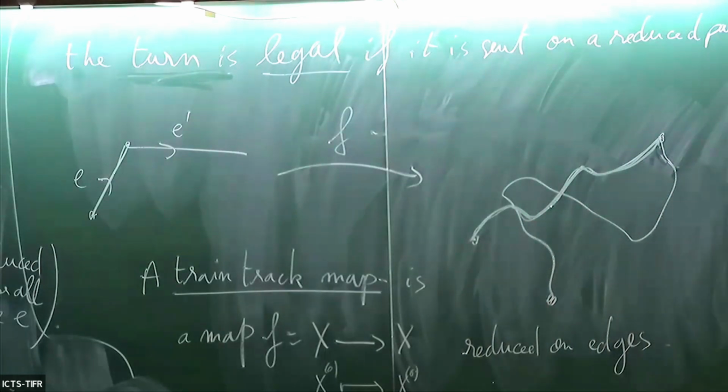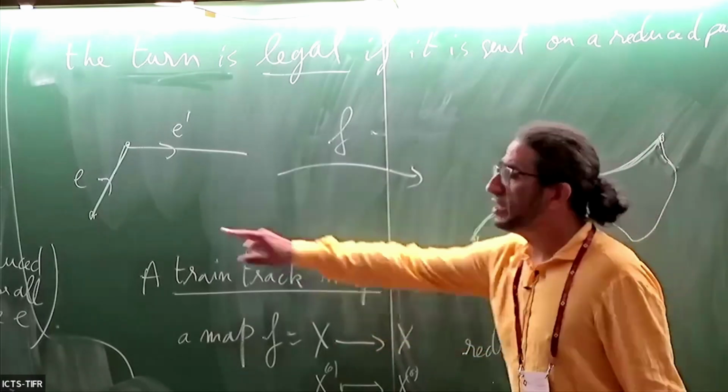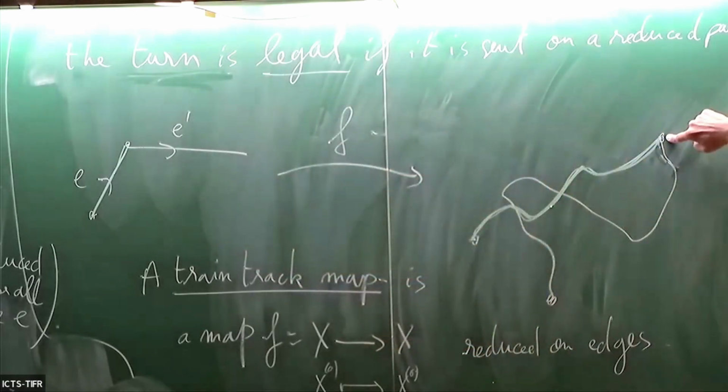Well, there are illegal turns. But the main thing is that there are no new illegal turns. It sends legal turns to legal turns.